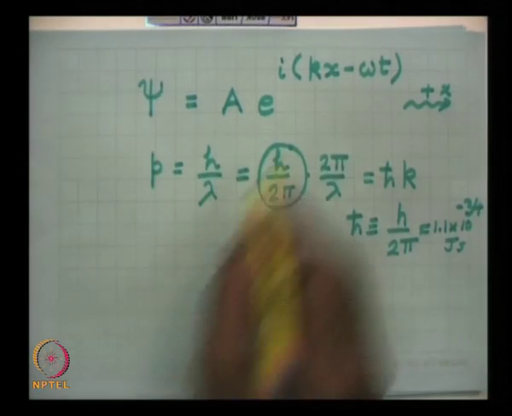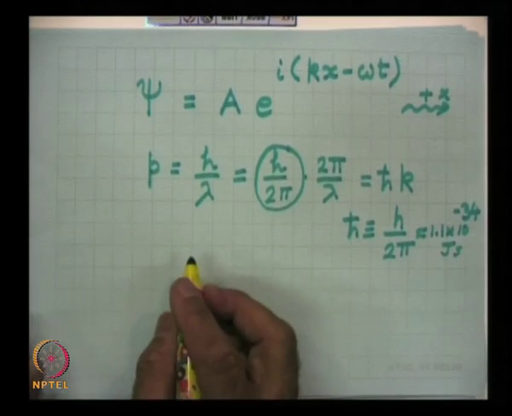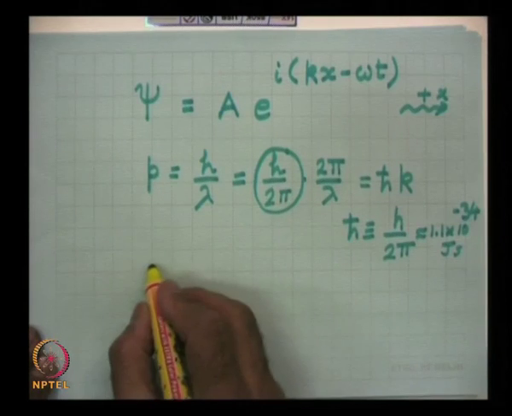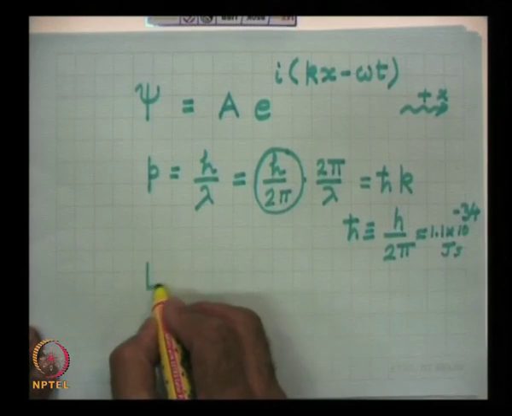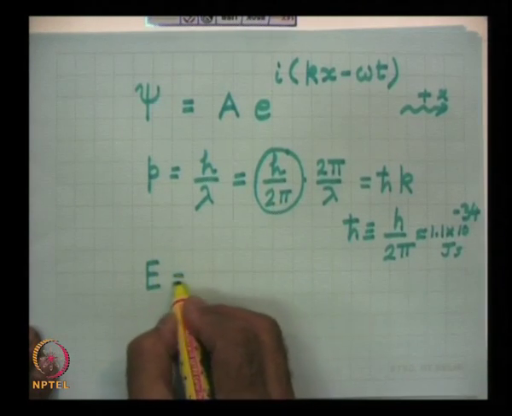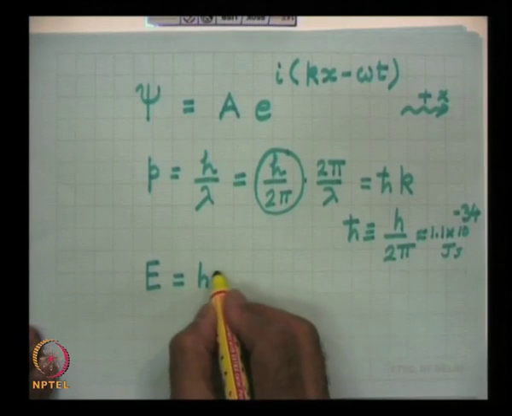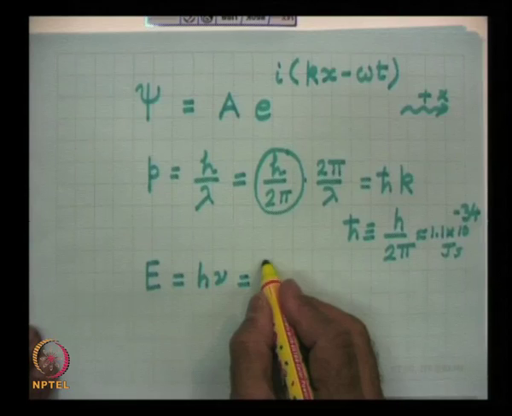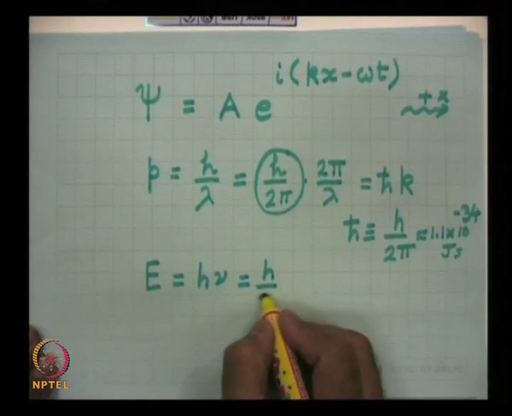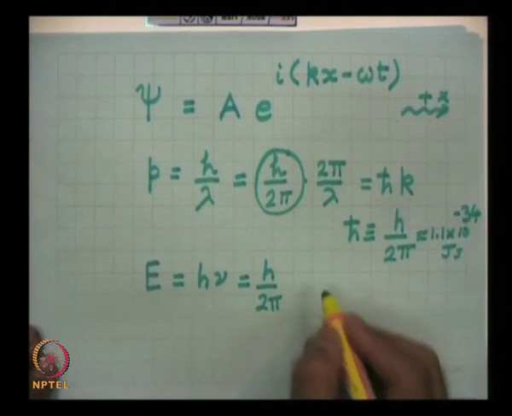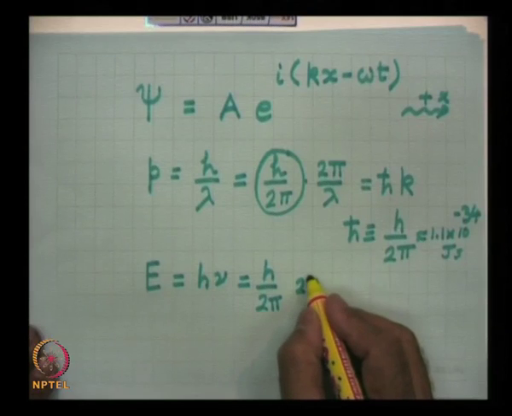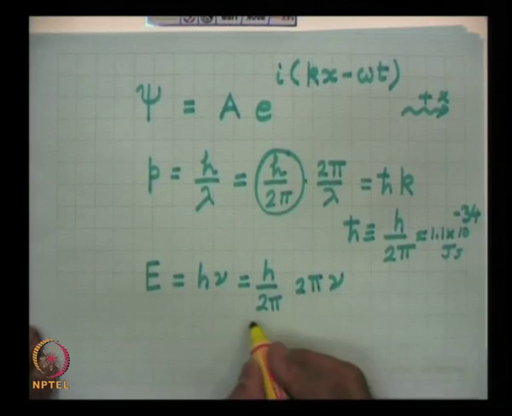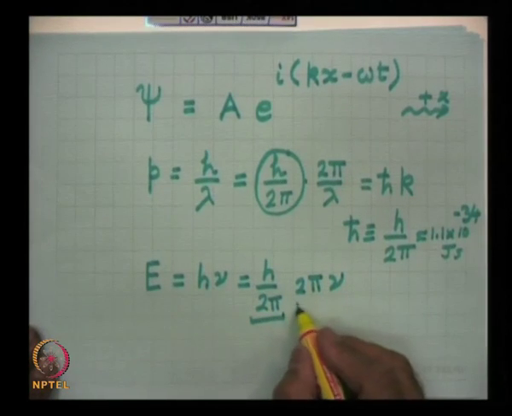Then, we write the Einstein's equation, which is E is equal to h nu. Once again I divide and multiply by 2 pi. So, this is h by 2 pi into 2 pi nu. So, this is h cross and this is omega.